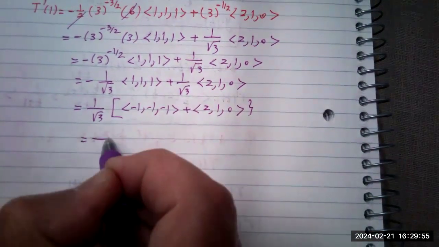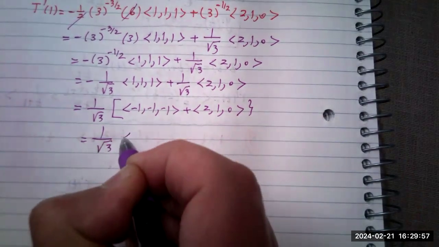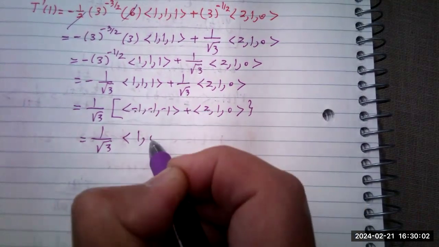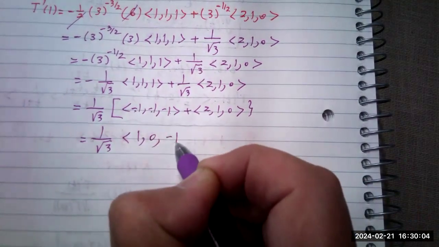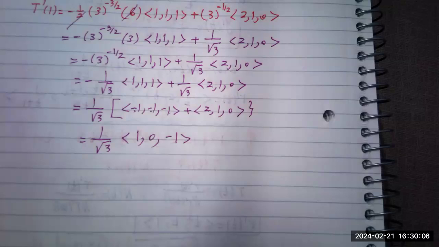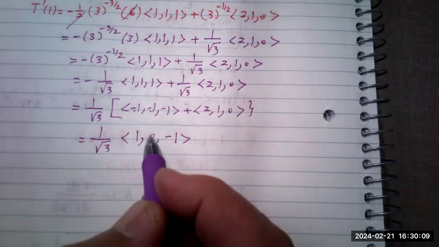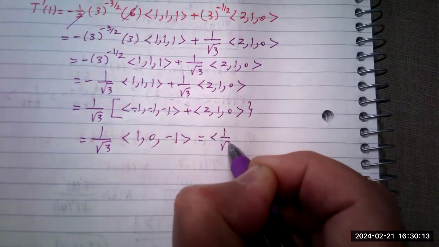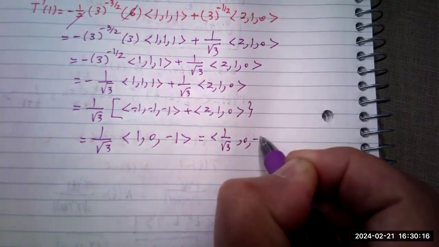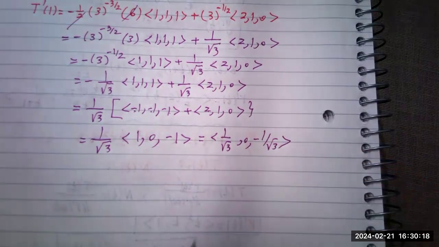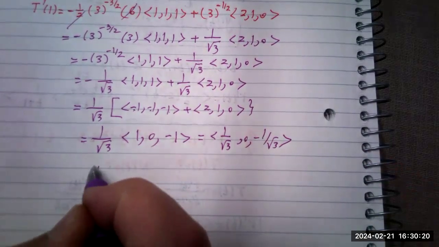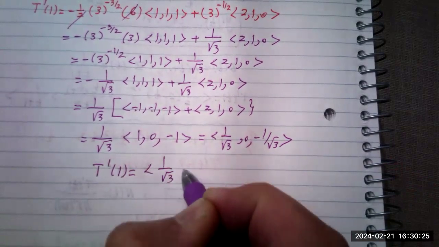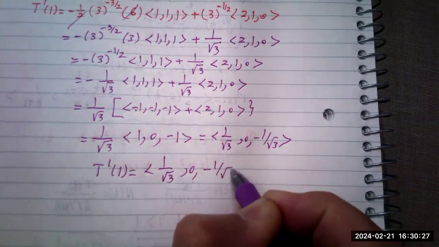That gives me 1 over radical 3 times the vector: negative 1 plus 2 gives you 1, that gives you 0, and that gives you negative 1. So this is T prime of 1. Now I can put it inside. It's going to be 1 over radical 3, 0, and negative 1 over radical 3. So that is the normal vector.